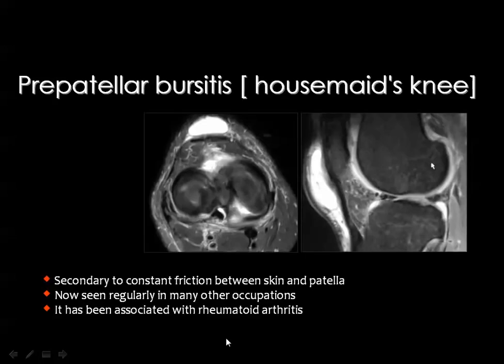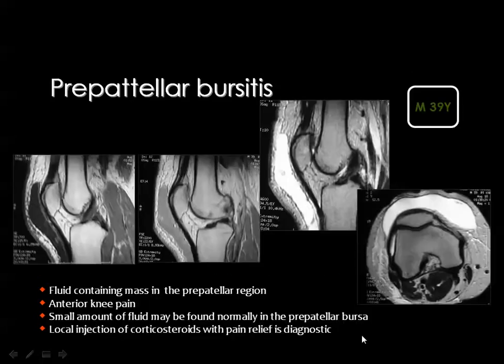Prepatellar bursitis, meaning inflammation of the subcutaneous prepatellar bursa, will accumulate fluid. You can see this in the sagittal images, and also you can see this in the axial images. And sometimes this is known as housemaid knee, but inflammation of the prepatellar bursa can also be seen in cases of rheumatoid arthritis.